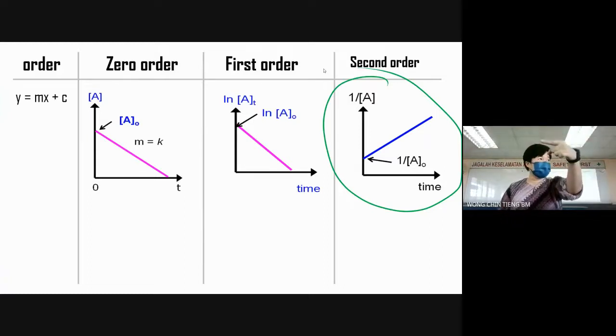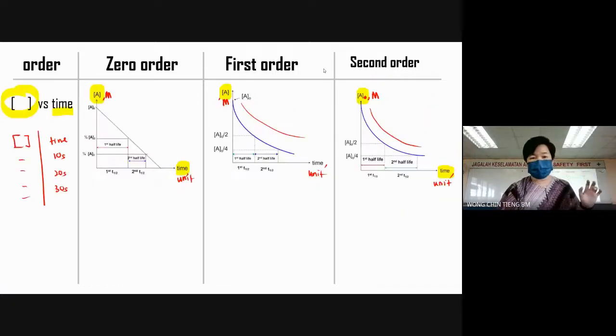Rearrange the integrated rate law formula, compare back with y equals mx plus c. So what is y? What is x? The graph has positive m, positive gradient. That's why it's a second order. Okay? We won't explain too much. I'm also lazy. That's question 10.